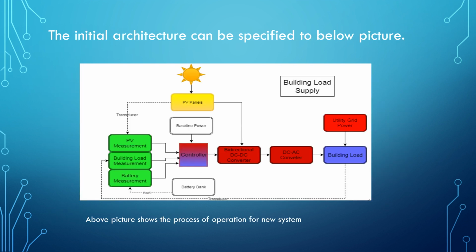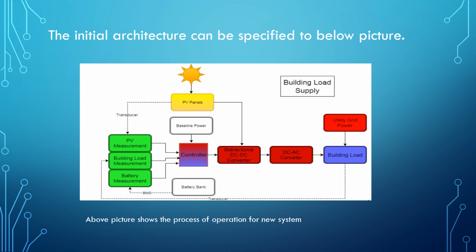Next, let's introduce the initial architecture. The picture I created shows the architecture of the system. We have the sun and PV panels to collect the energy.